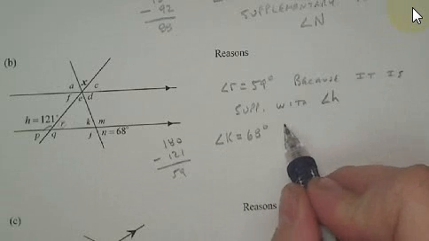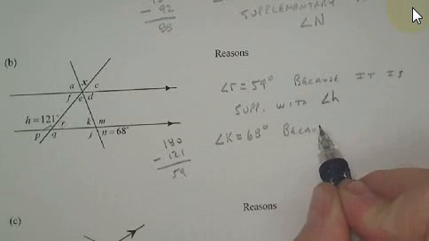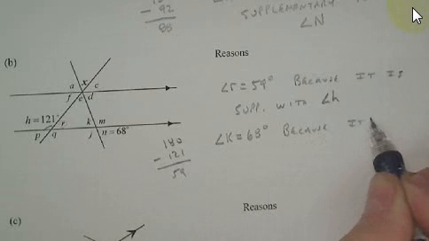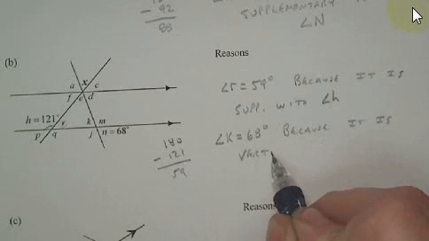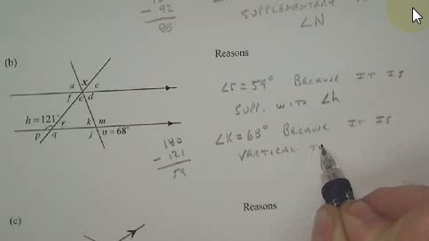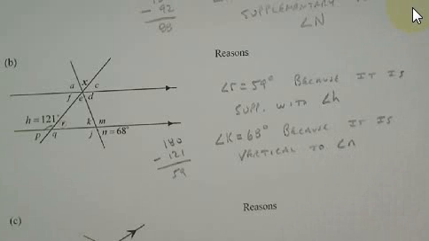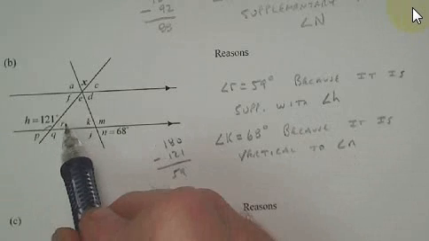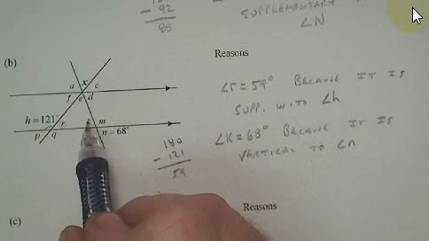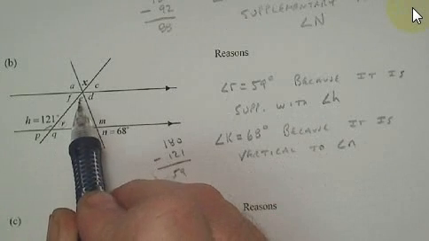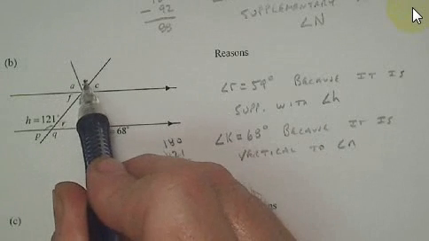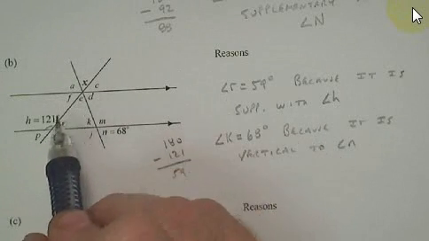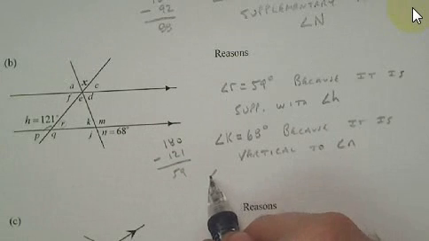And we're just going to say because it is vertical to angle N. Vertical angles are congruent. And the reason those two were important is you'll notice I've now got R stated, I've got K stated. I can find E right now, and you might think, well, why do you want E? Well, E is the same as X. They are vertical angles.